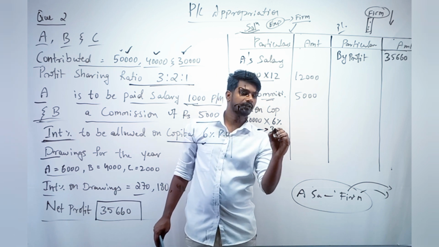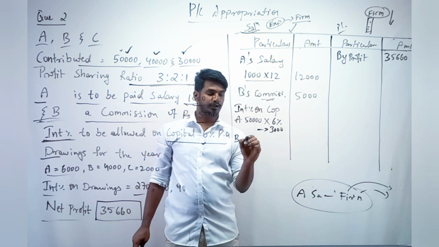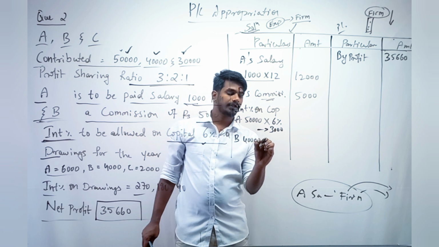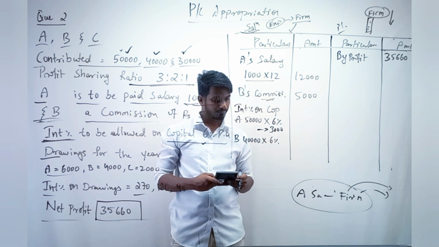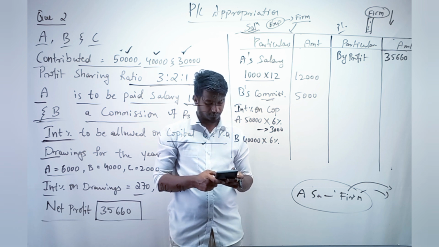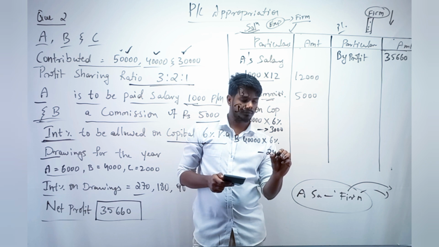For B it is 40,000 into 6%, which is 2,400.